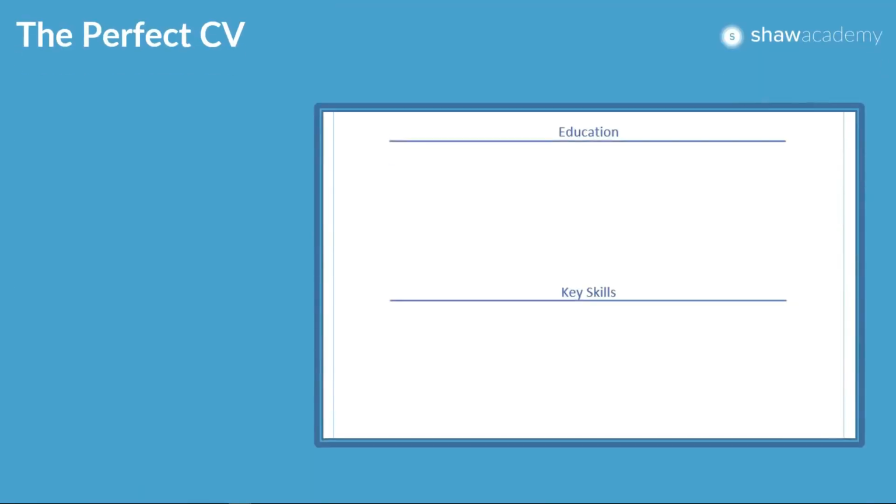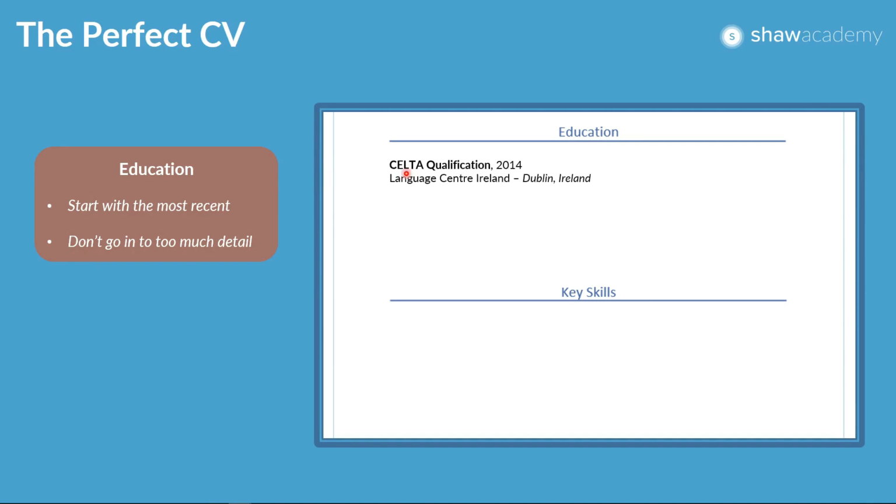So, after work history, we move on to education. And education is the same as work history. Start with the most recent. However, with education, we don't go into too much detail. So, education, you'll simply give your qualification, the year you received it, and the institute you received it from.